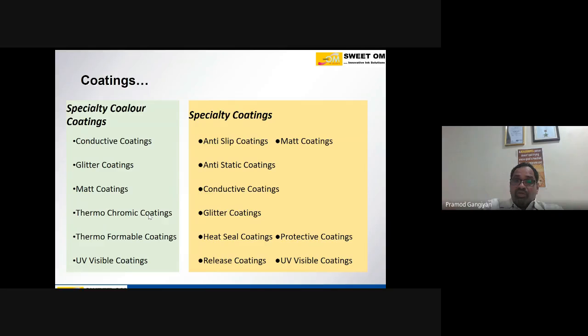Whenever we are making a car body, or we are painting it, not only car, anything which is moving during its manufacturing, whether it is a car body, or a flexible packaging, or a moving part of any automobile part, or any segment moving part, at the time of manufacturing there is always static current available, and that static current can cause fire, as well as it is very dangerous for the human body at the time of working on the shop floor.